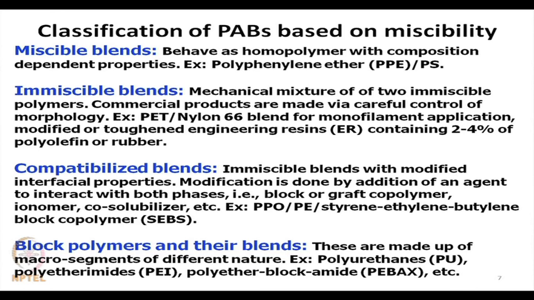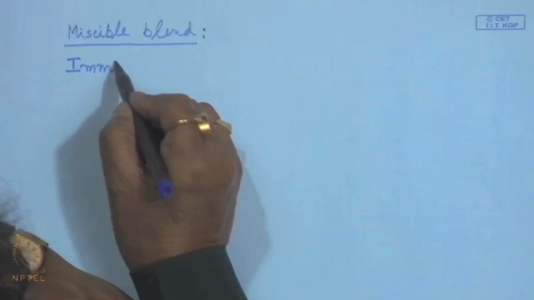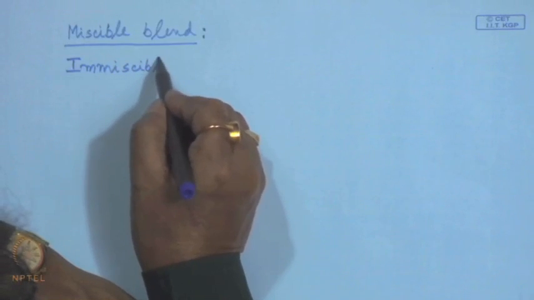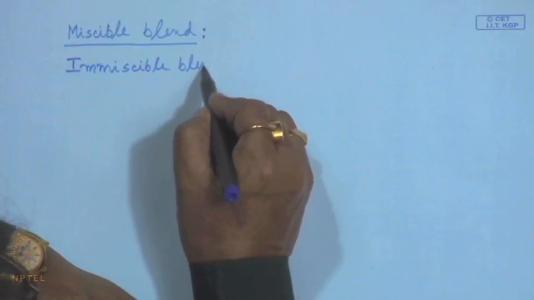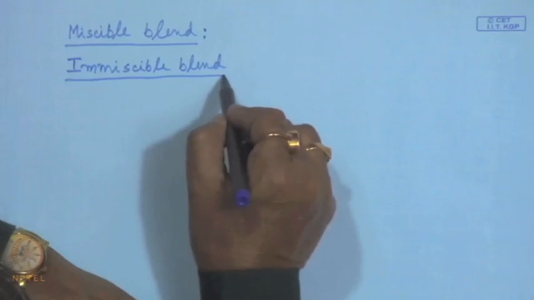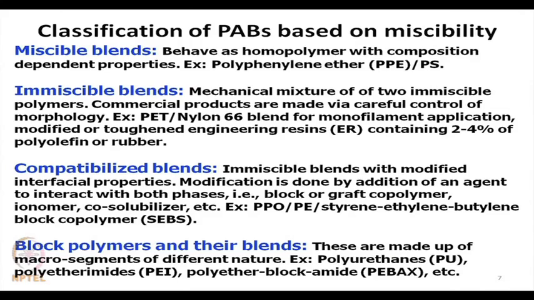The next class is immiscible blend. This immiscible blend is a mechanical mixture of two immiscible polymers.